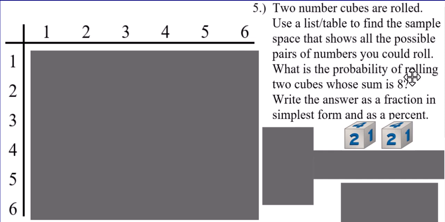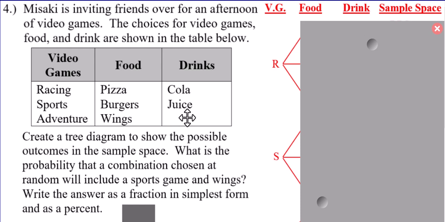Number 5, what's the probability of rolling 2 cubes whose sum is 8? Sum means adding. And then problem number 4 wants to know the probability that a combination chosen at random will include a sports game and wings.